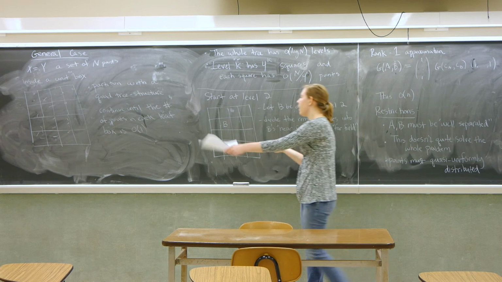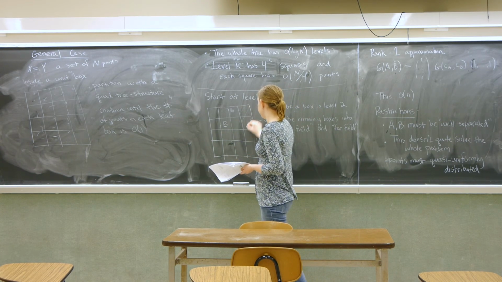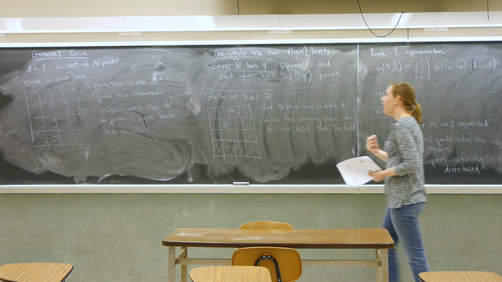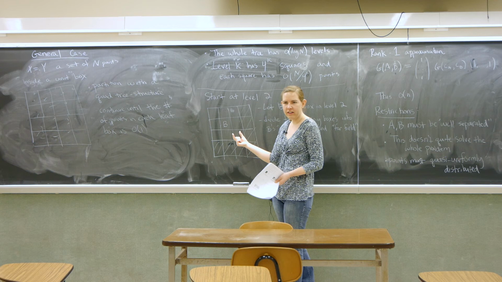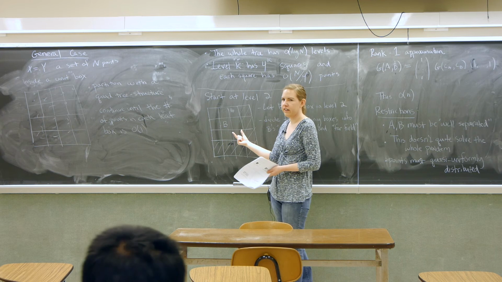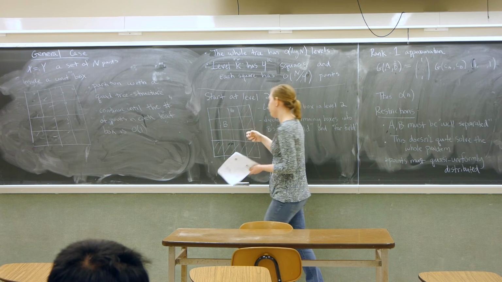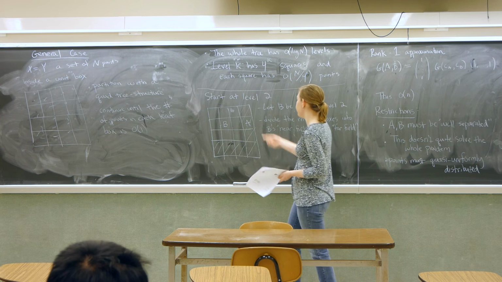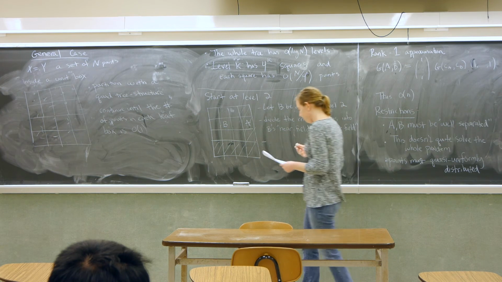B's near field is all of its neighbors, and its far field is the remaining boxes. All of the boxes in B's far field are far enough away that we can use that 3-step process that I described earlier. I said they would be far enough away if the distance between the 2 boxes was at least the width. So if A is in B's far field, we can use the 3-step process.